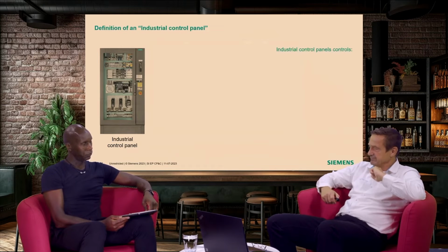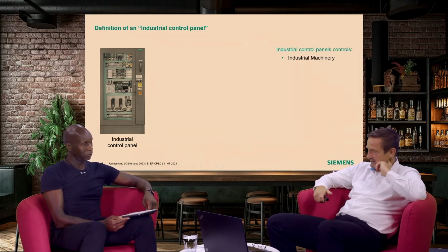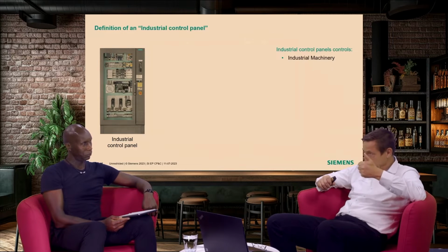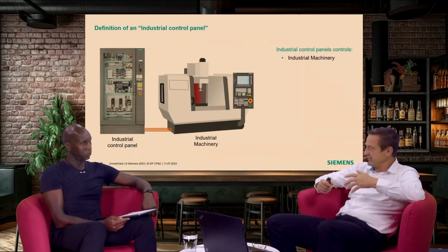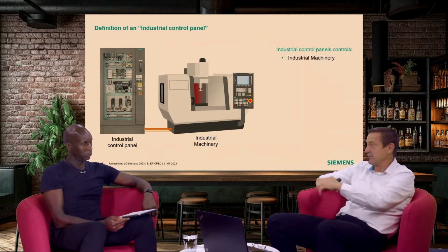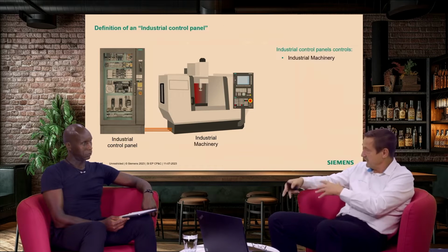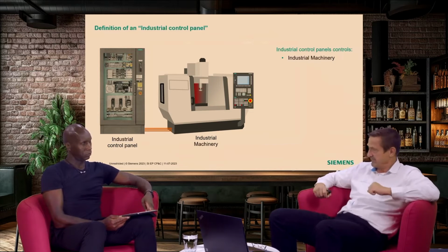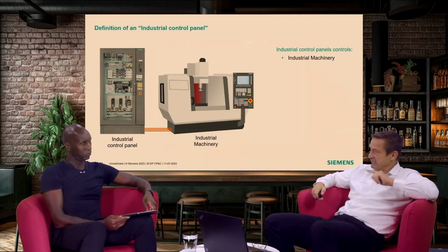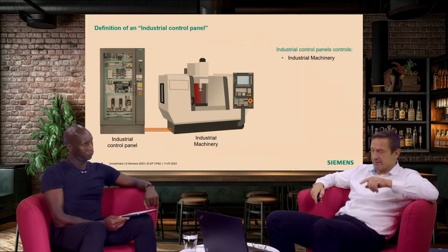For example, you see here an industrial control panel is a panel which controls, as a first example, an industrial machinery. Industrial machinery is a producing machine. Material comes in, and on the other side, products come out. Could be cars, could be planes, could be clothes, could be everything. And this machine is controlled by an industrial control panel.